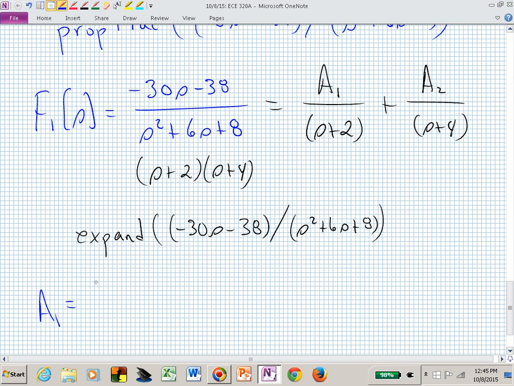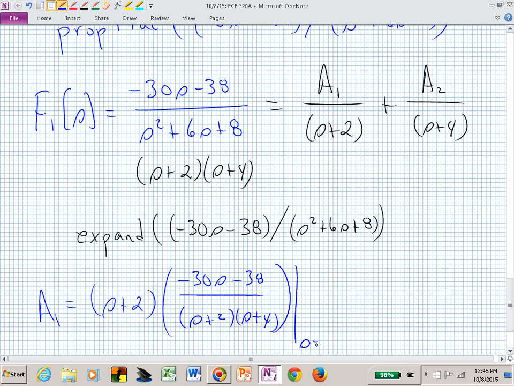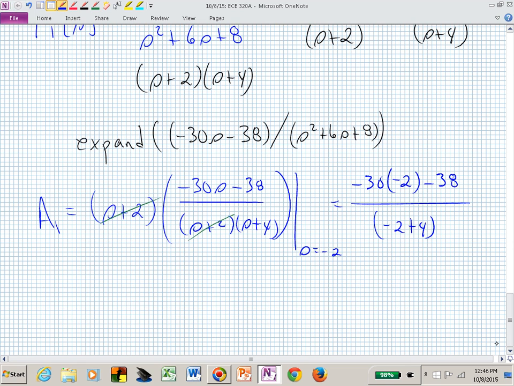Meaning, we are now taking S plus 2 times minus 30S minus 38 all over S plus 2, S plus 4, and evaluating at S equal minus 2. This factor cancels that factor, and we end up with minus 30 times minus 2, minus 38 all over minus 2 plus 4.